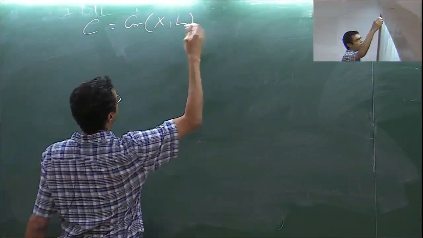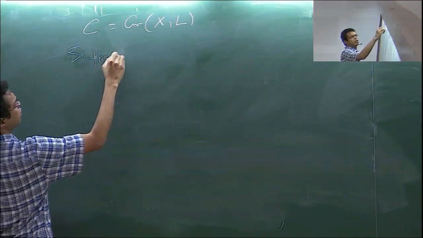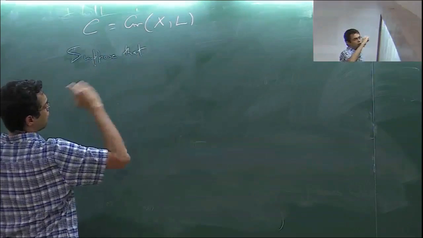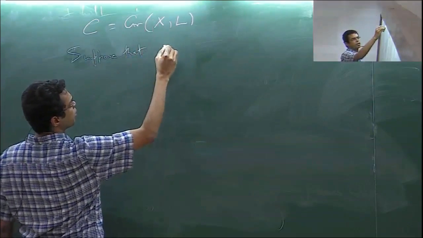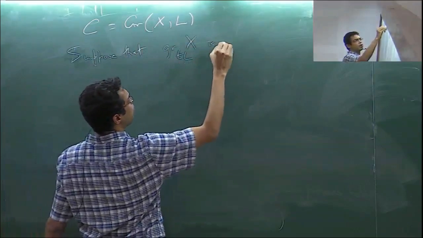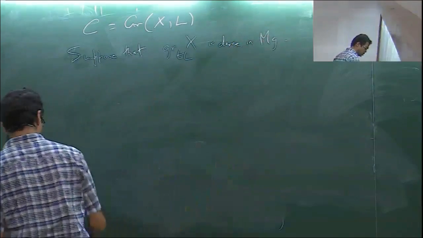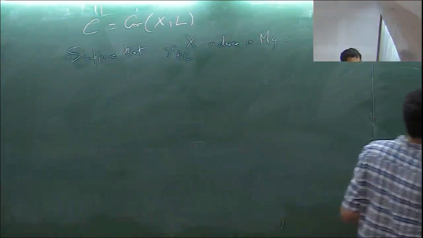So this has holonomy rho. Suppose for simplicity that if you continue grafting, this conformal grafting ray along X is dense in moduli space. So then we have this picture.